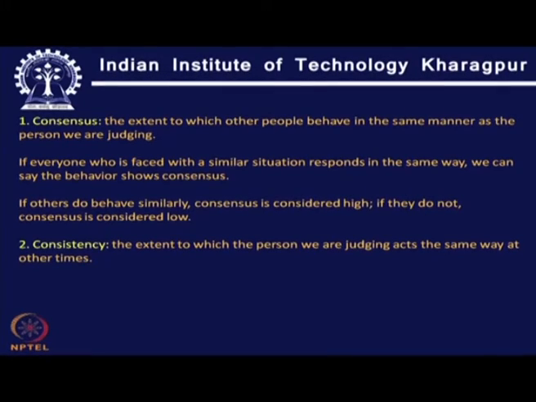When you are talking of consensus, we try to judge a person and see whether other persons are behaving in the same way as the person we are judging. In attribution, we are trying to attribute certain qualities and responsibilities to a particular person, and we are forming a judgment about that person. So, with consensus, other things remaining the same, which is very important, we are trying to find out whether other people around this person will generally behave in the same manner as the person about whom we are making the judgment.